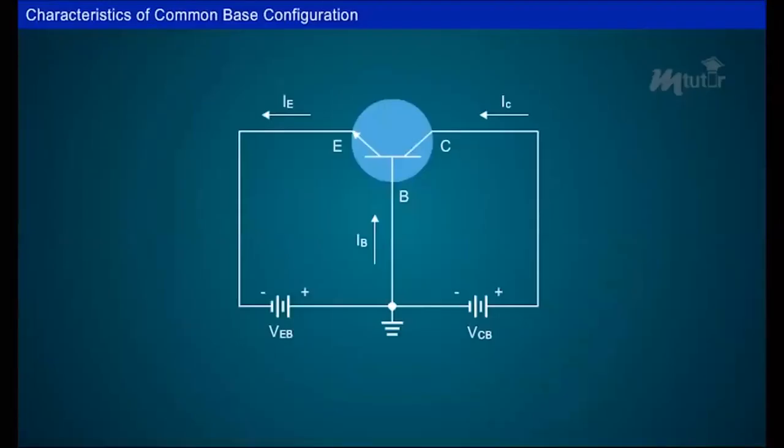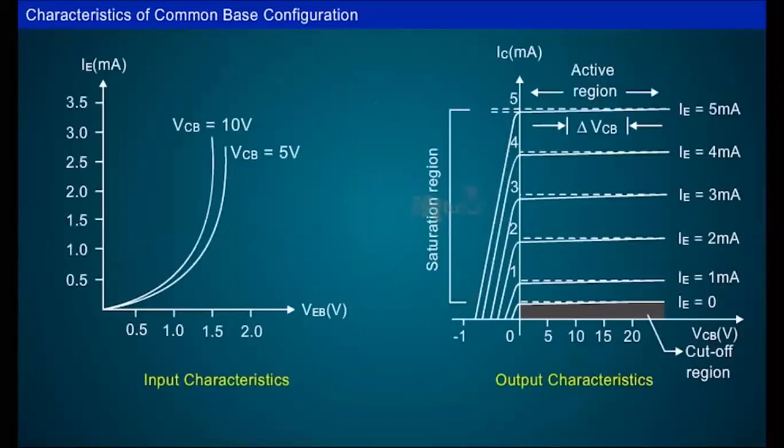To understand complete electrical behavior of a transistor, it is necessary to study the interrelation of various currents and voltages. These relationships can be plotted graphically, which are commonly known as the characteristics of transistor.